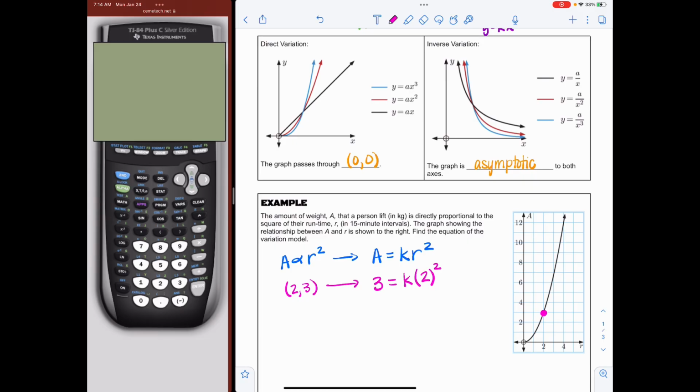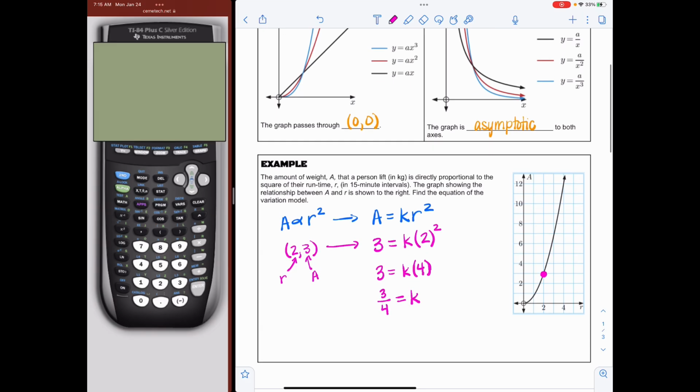Okay, because remember, 2 is R, 3 is A. So if we simplify, we're going to get 3 is equal to k times 4. And if we divide both sides by 4, we end up getting 3 over 4 is equal to k.